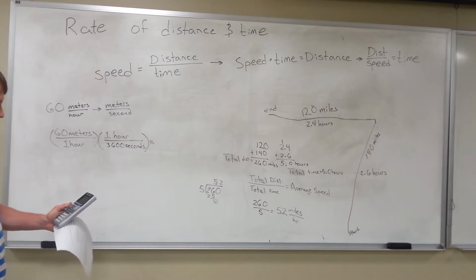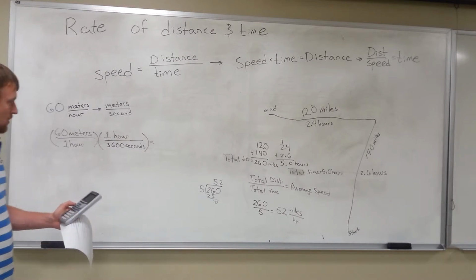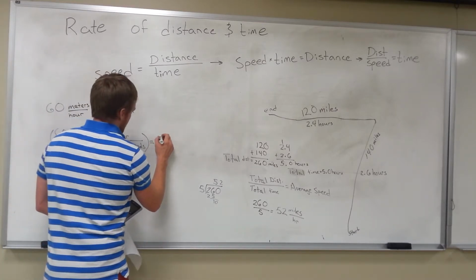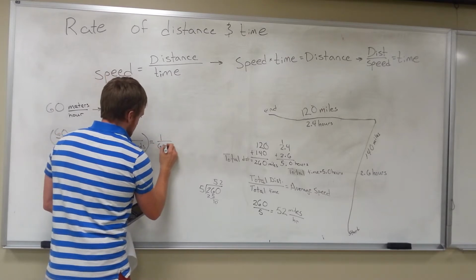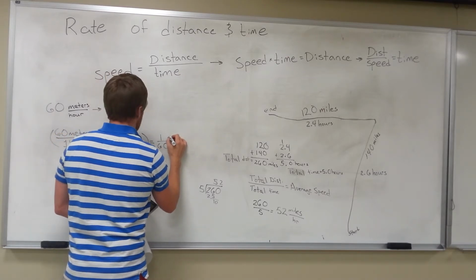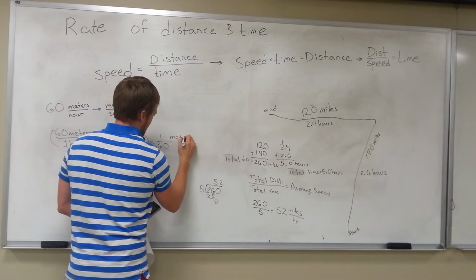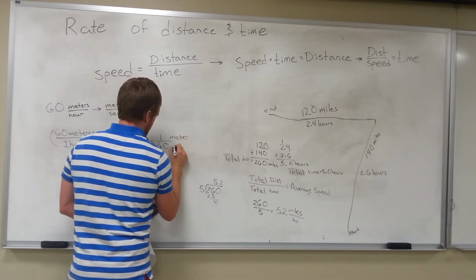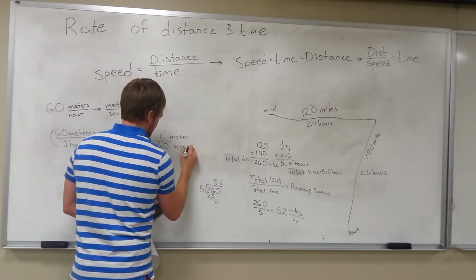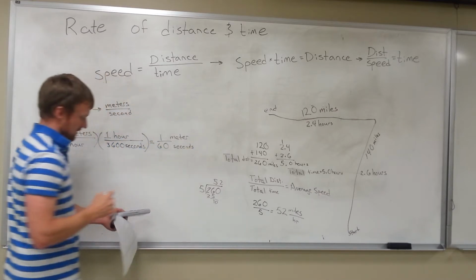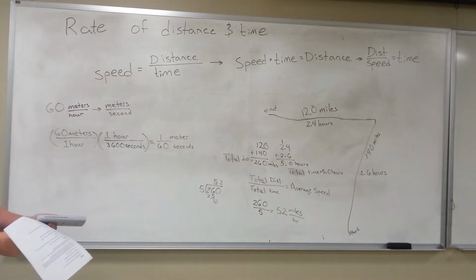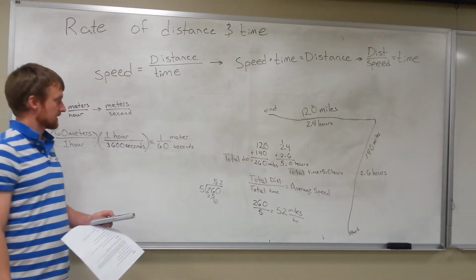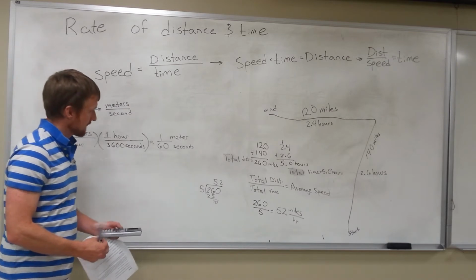We say it is way small. 1 over 60. 1 meter per 60 seconds. Okay? 1 meter per minute.